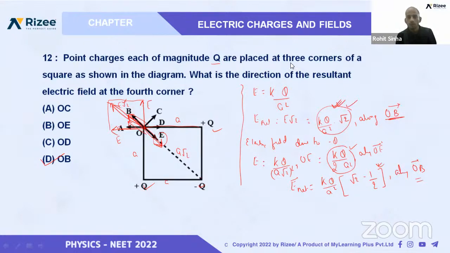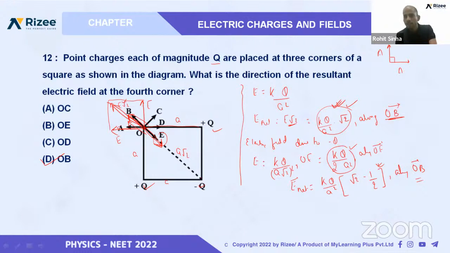Sir, how E root 2? Okay. This one. Okay. Let me tell you. Whenever there are two vectors like this, one is A and another is A, and they are at 90 degrees, by the parallelogram law the resultant is root under A square plus A square plus 2AB cos theta, and cos 90 is 0. So what will you get? 2A square under the root, and it will result in A root 2.